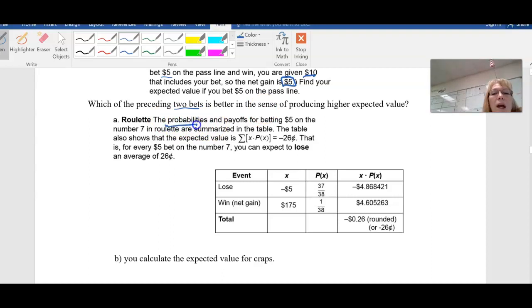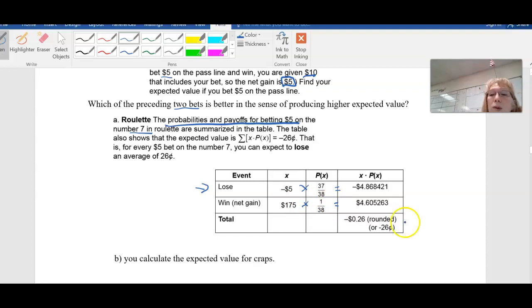The probability and payoffs for betting $5 on the number 7. The probability of losing $5 is 37 out of 38. You multiply these together and we get negative $4.87 roughly. If I win, I get $175, but that's only 1 out of 38. So you multiply those together and we get 4.6.